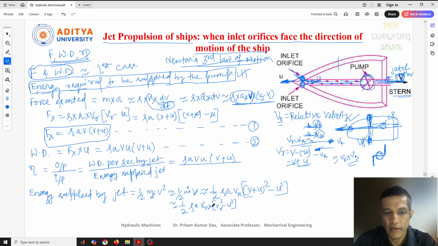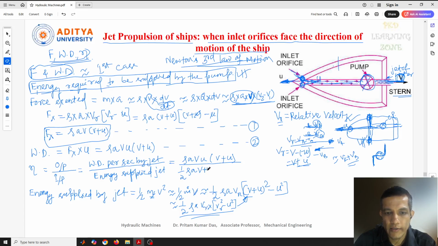This is the formula. Then from here we can write vr as v plus u, square, and minus u square. Now this value we need to put here. So let me write half rho A V. In place of vr, again I can write v plus u.